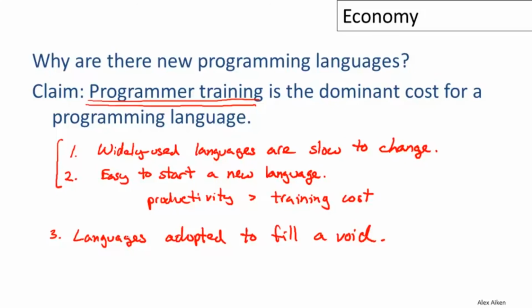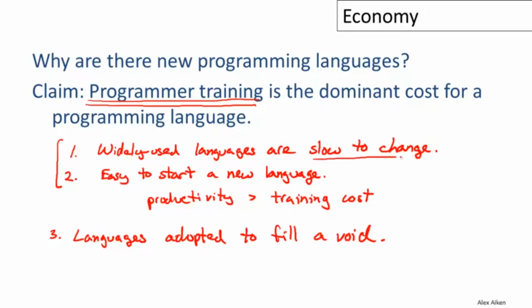A few years ago, the internet itself was a new programming platform, and a bunch of new programming languages like Java in particular got started during that time. So new programming niches open up because the technology changes, what people want to do with software changes, and this creates new opportunities for languages.